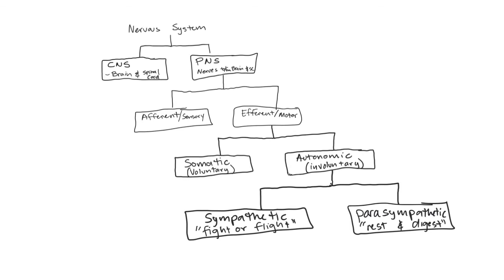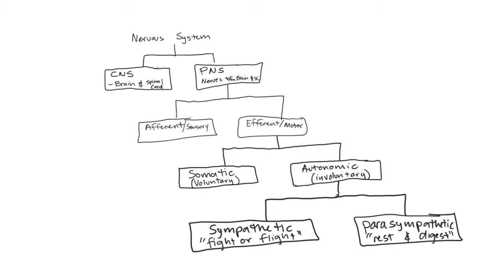All right, so afferent, just to kind of add a little detail, right? So sensory information is going to go up into the peripheral nervous system and then into the central nervous system.